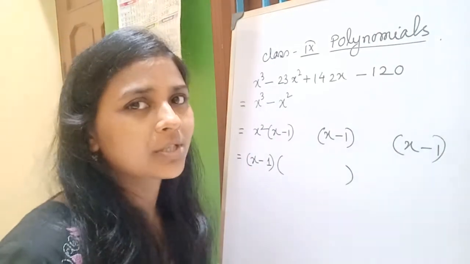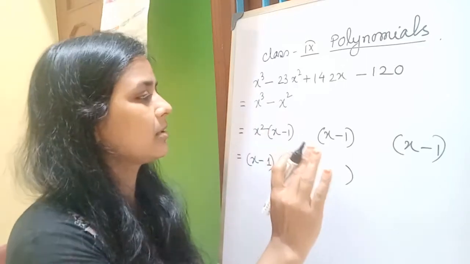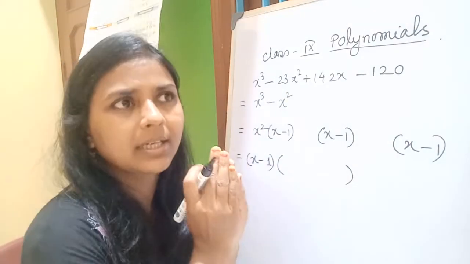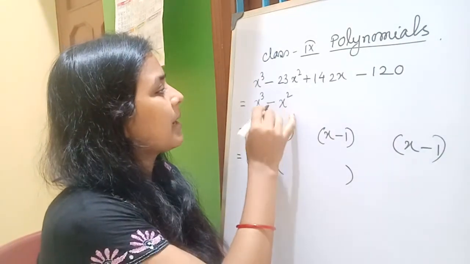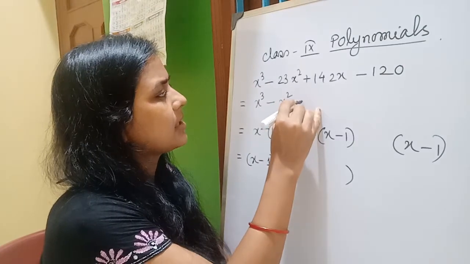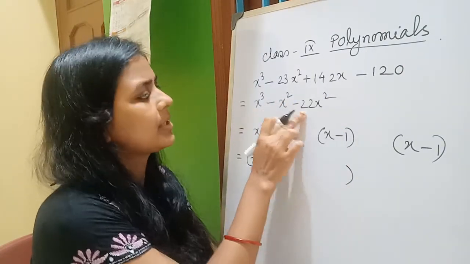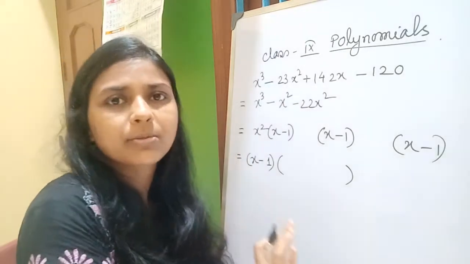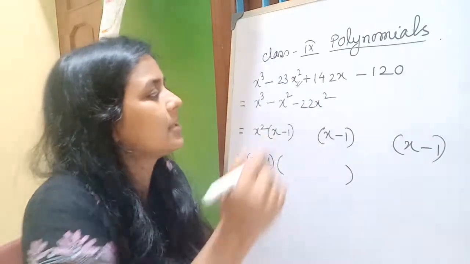There is another process also, I will discuss that too, but let me do this one because this is really easy once you practice it. So minus x square, that means I am writing minus 22x square. Now minus x square and minus 22x square become minus 23x square. So it is balanced.